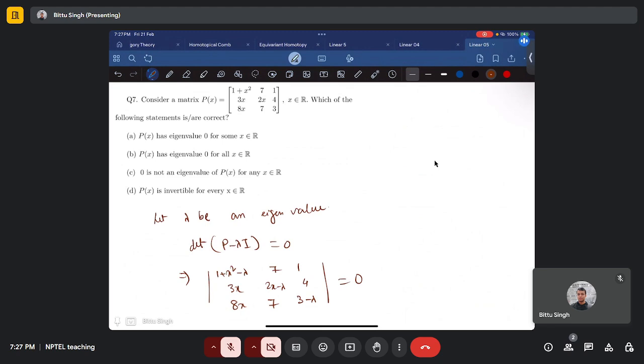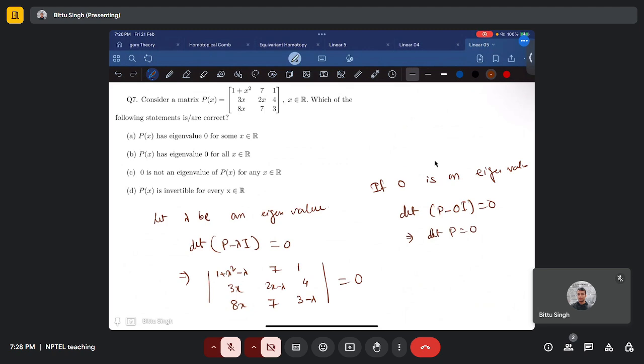So if 0 is an eigenvalue, then putting lambda equal to 0, this will be satisfied. Then determinant of P minus 0I will be 0, right? That is the same as determinant of P equal to 0.